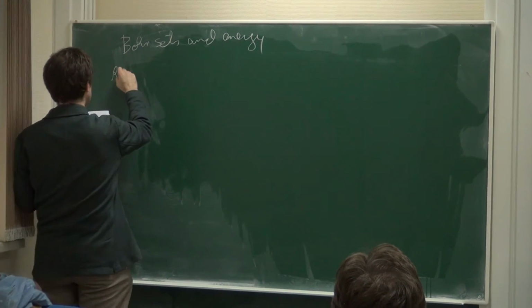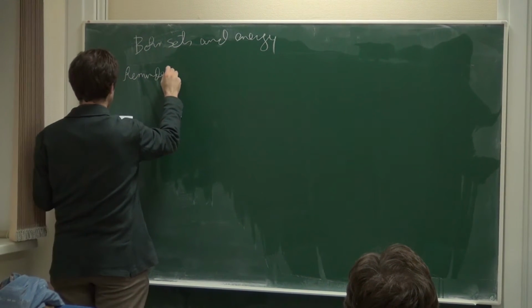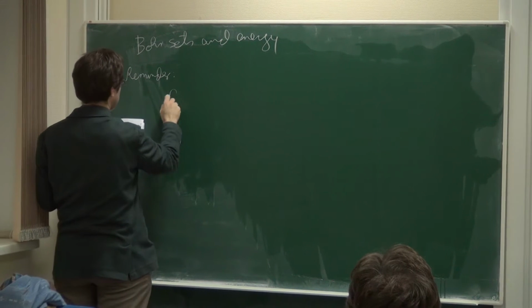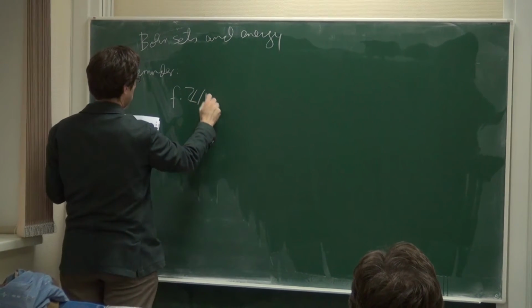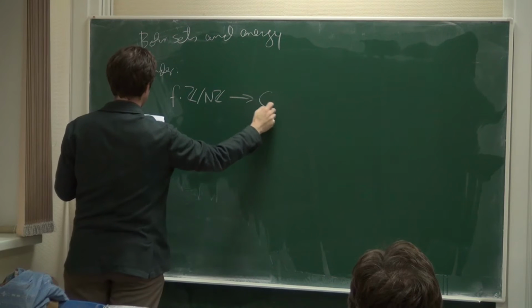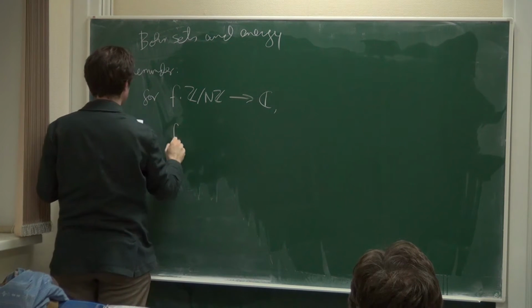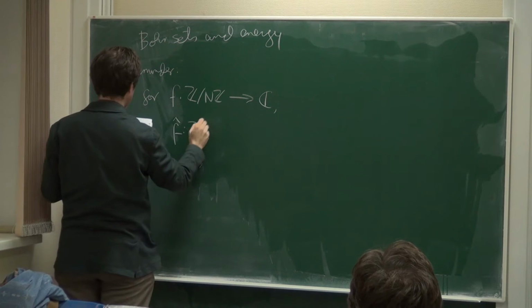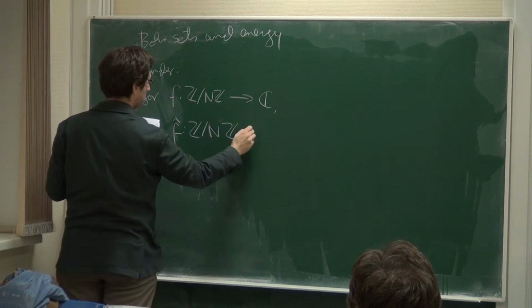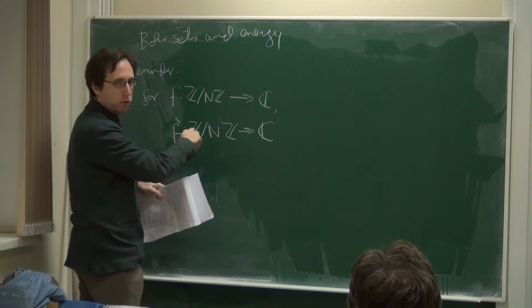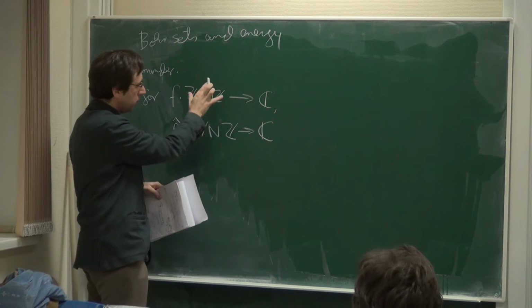So, a reminder that when we're working in Z modulo nZ, we can define a Fourier transform also in Z modulo nZ. So this is self-dual.